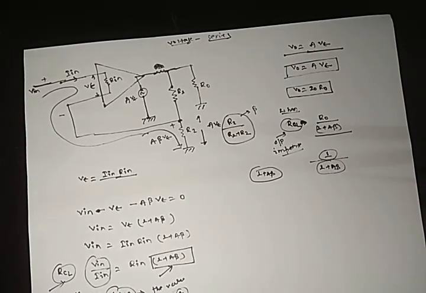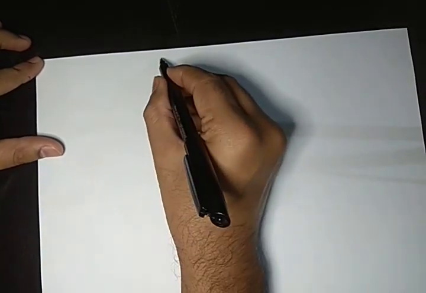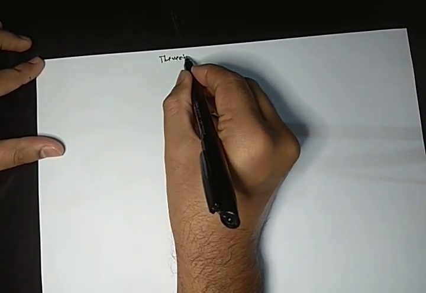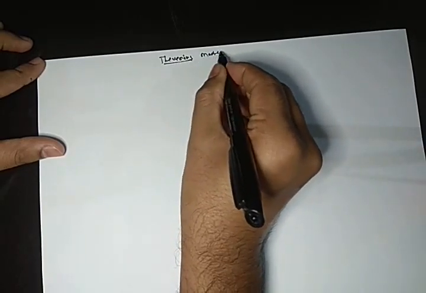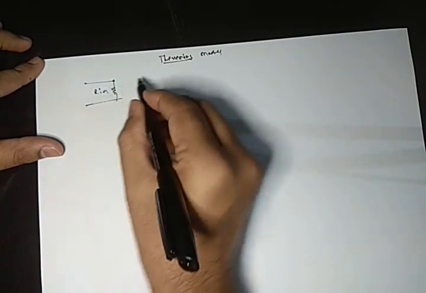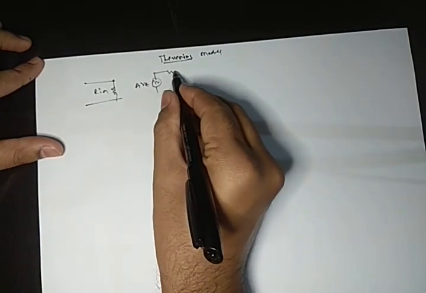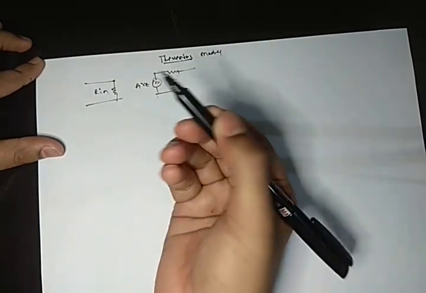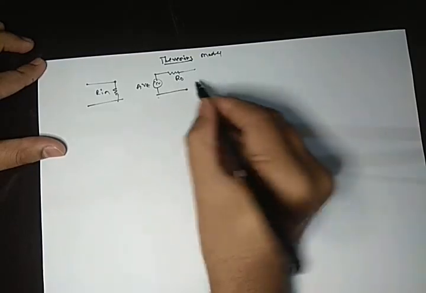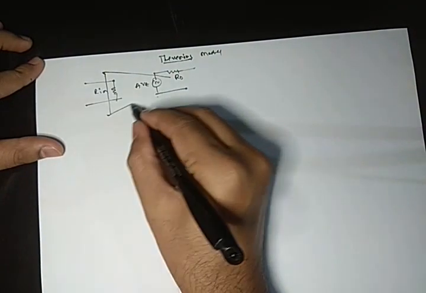So we will formulate one block diagram. See, now in terms of resistance only, if we need to take Thevenin's model, so what we will do, suppose this is the model of Opamp.